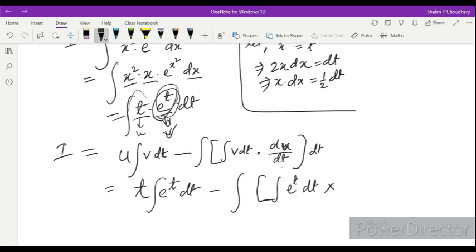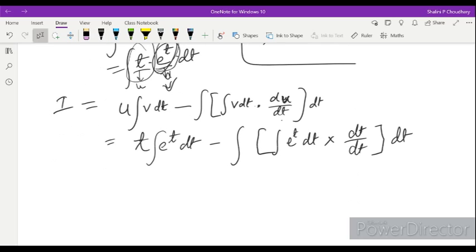So u is t, so dt upon dt, so this will be 1. So t into e to the power t. When we find the integral of e to the power t with respect to t, we will get e to the power t only. So there will be no change.